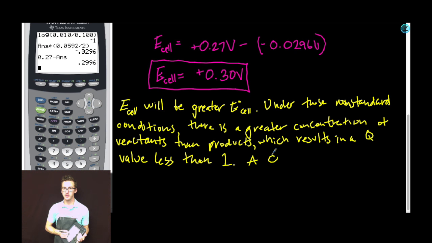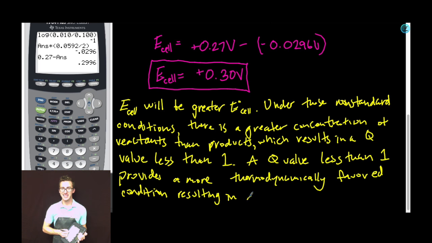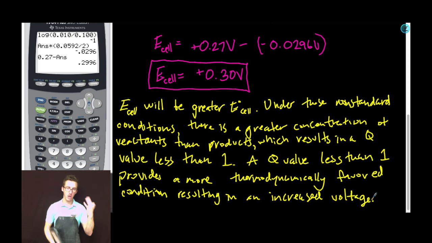A Q value less than 1 provides a more thermodynamically favored condition, resulting in an increased voltage. So if you're concerned about memorizing the Nernst equation and you want to just understand it in terms of the reaction quotient Q, totally fine. That's all you need to do for the test. Done.